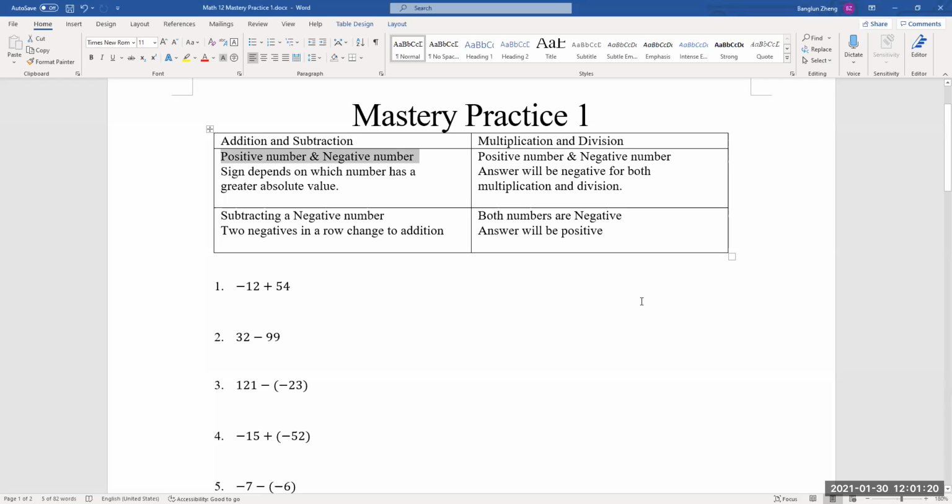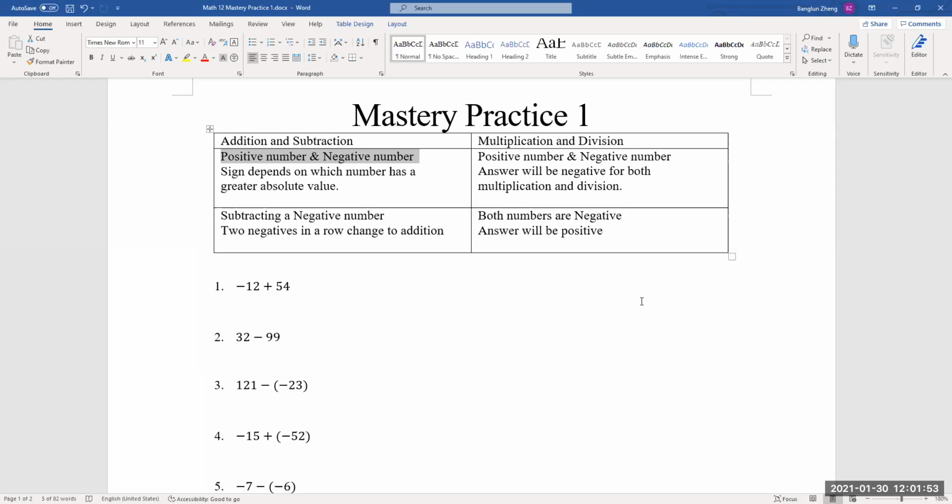See what I highlighted. If you have positive and negative numbers, when you add them, the sign depends on which number has a greater absolute value. If you have one positive and one negative, whichever has the larger absolute value gives the sign of the result.